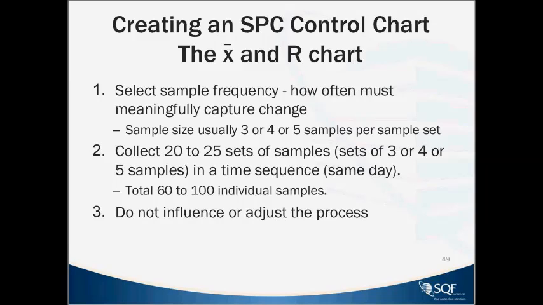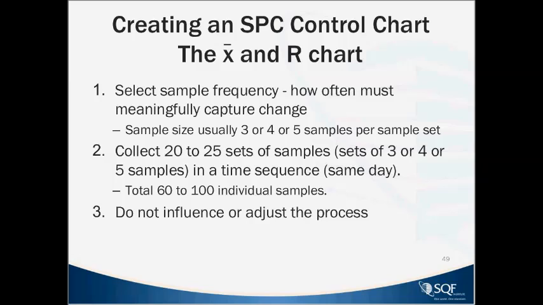So the X bar and R chart makes use of what we call subgroupings, which are small sets of data that we collect at a certain frequency that should be fairly representative of the type of change and variation that you might see in a process.